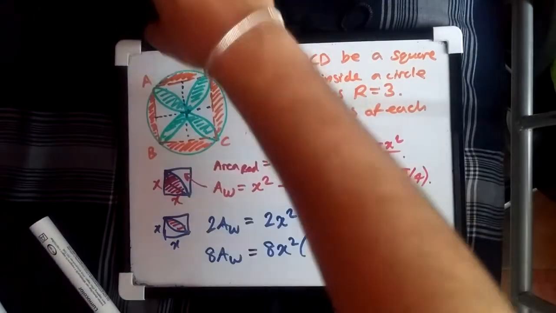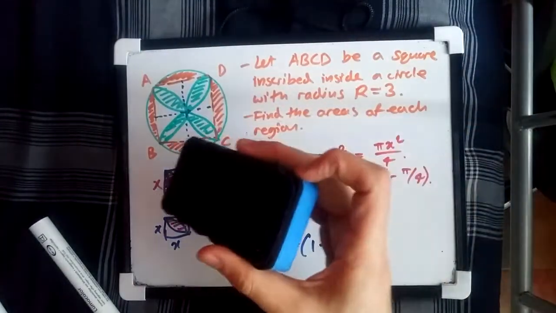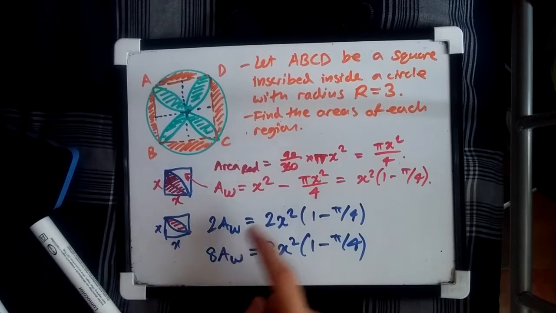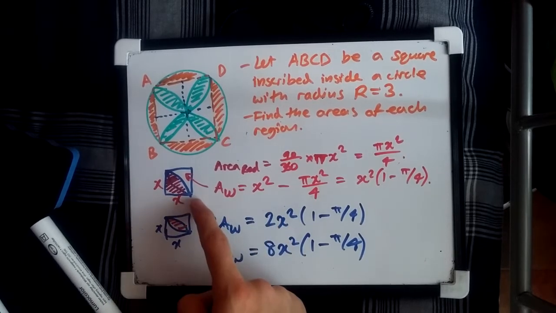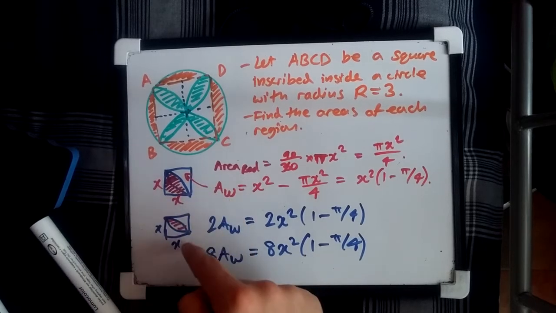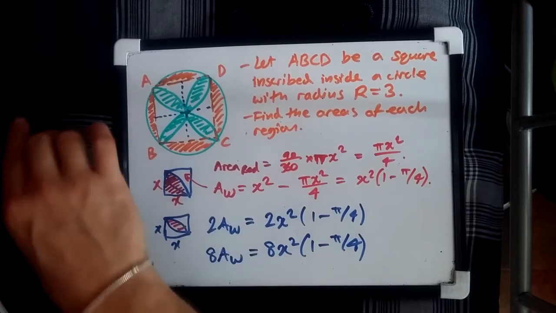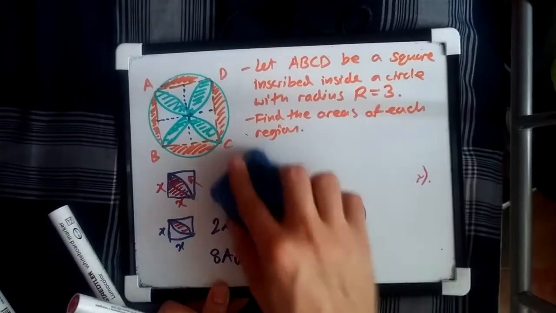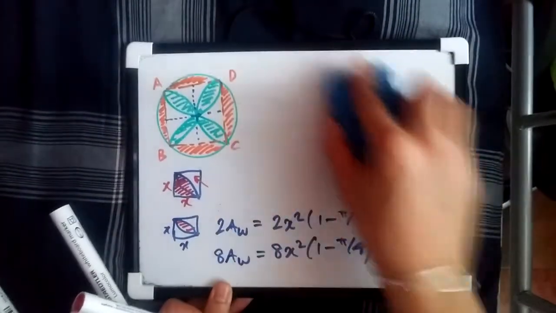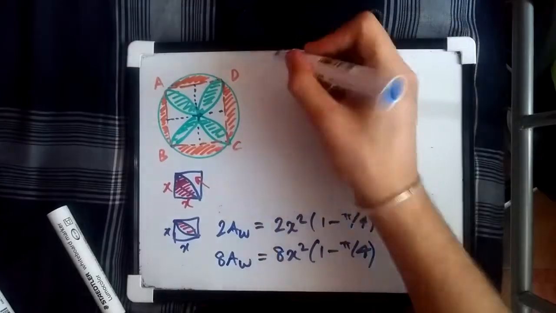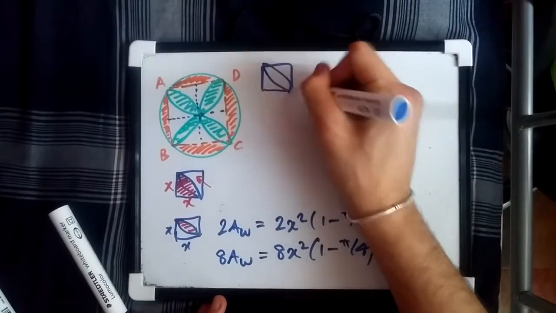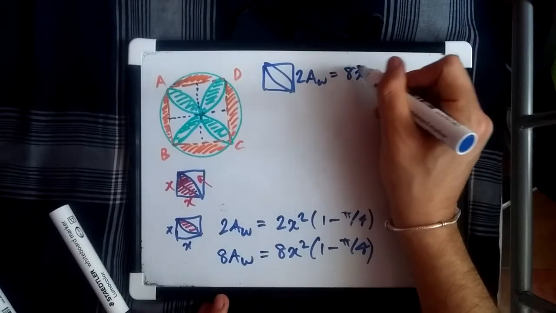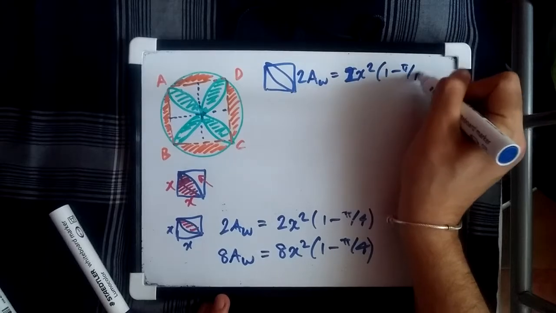Let us move on to the petal. We have the area of the white part. The petal is more or less the area of a square minus this value again, so the square minus 2AW. Let me make this board a bit cleaner because it's quite condensed. We don't actually need this part anymore. So far, this shape here is 2AW, which is 2x squared times (1 minus pi over 4).